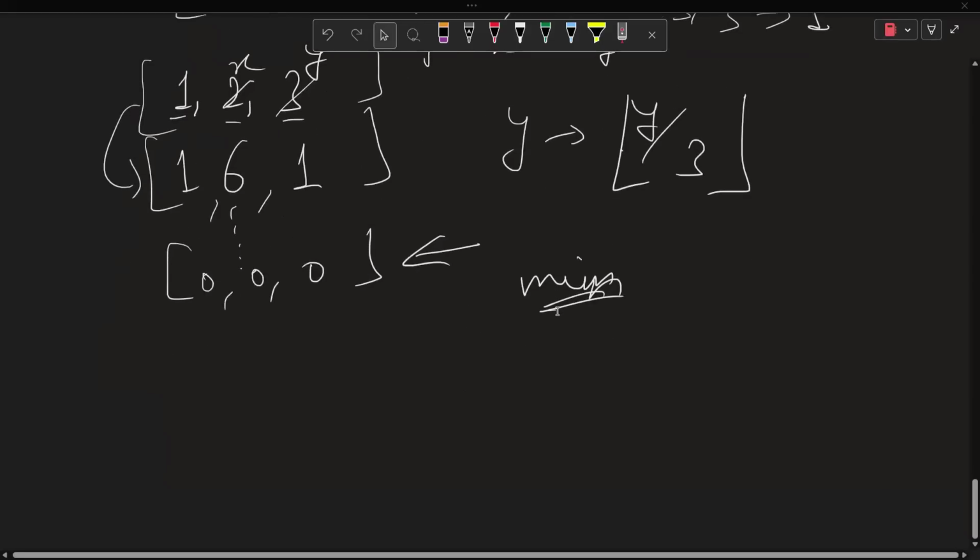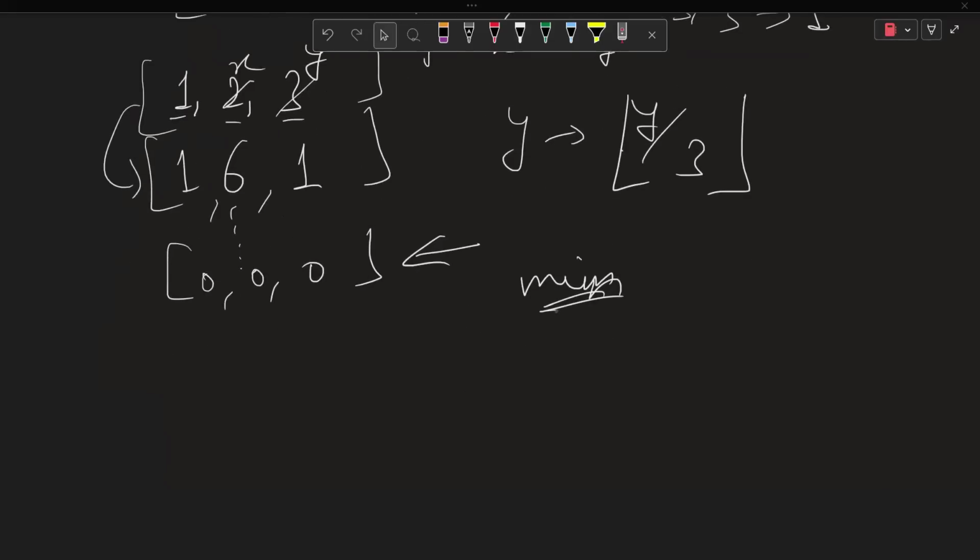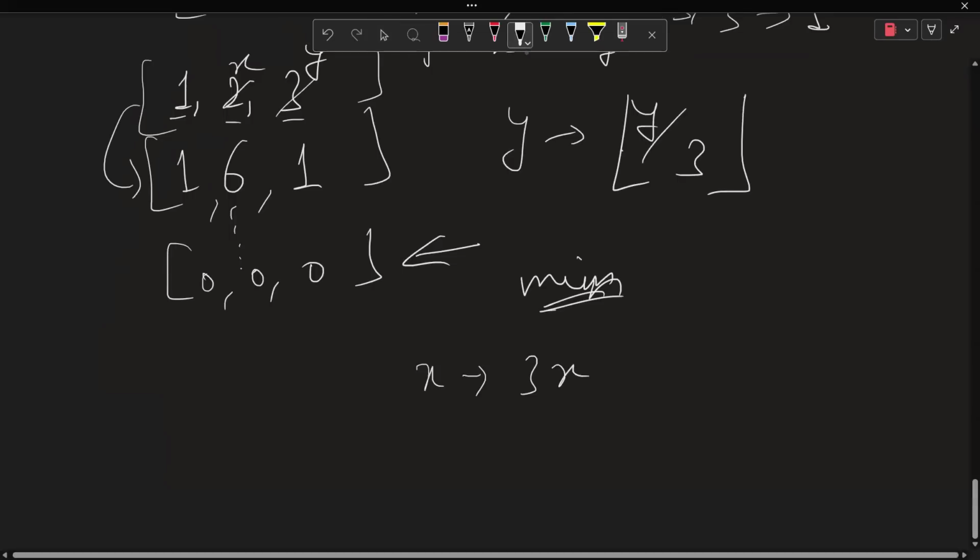So how can we do that? First, let's understand, would it always fall to 0? How can we make it fall to 0? The first thing is, if we are replacing an X with 3X, it's always increasing the number, so this is not going to make it fall to 0.